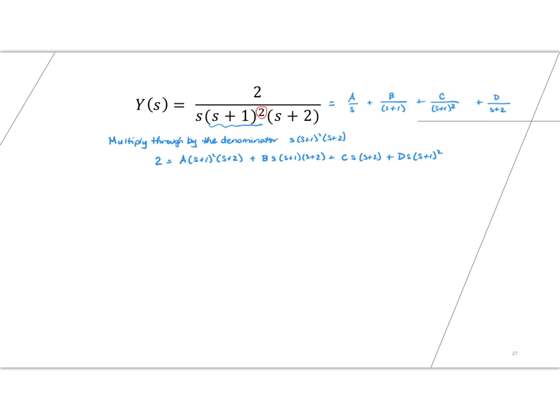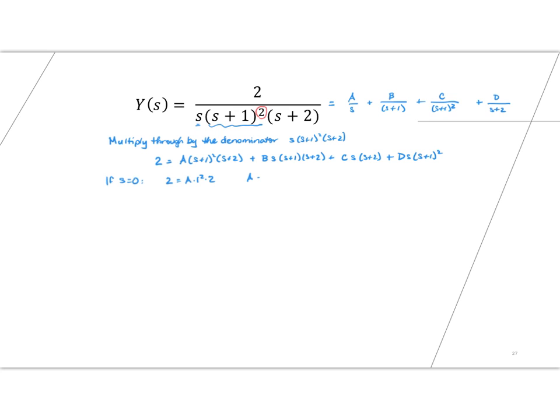Now this is where the technique of using the zeros can be helpful, because at this stage I start looking at this and thinking, I don't want to multiply out all those binomial theorem things. Yuck. So let's start by using the zeros. For this first piece, s equals 0, and I substitute that in. 2 equals A times 1 squared times 2, plus 0B, 0C, and 0D.